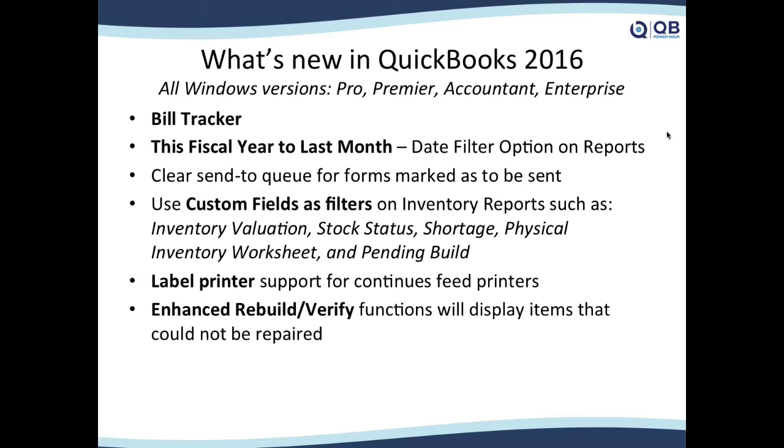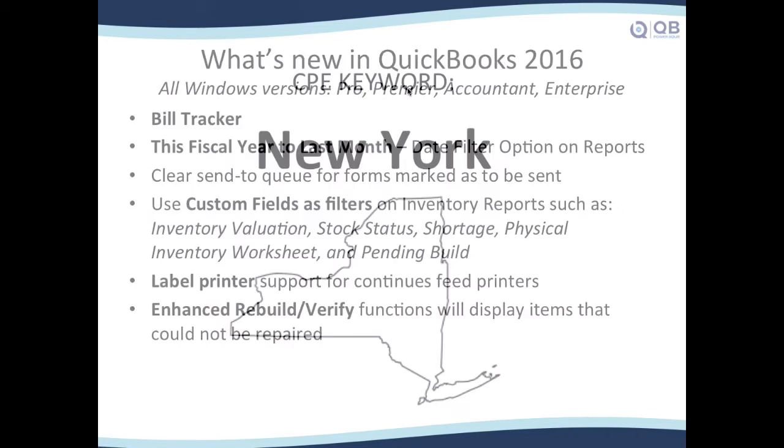So if you have a label printer that has a roll in it, and you want to print labels with that, now you can do it with QuickBooks 2016. It's a minor feature, but it's really interesting. And then we have an enhanced rebuild and verify. Basically, it would now give you feedback after you rebuild and verify. It'll give you feedback of what items were fixed and what items you were not able to fix in the process. So let me jump over to QuickBooks Desktop here now.